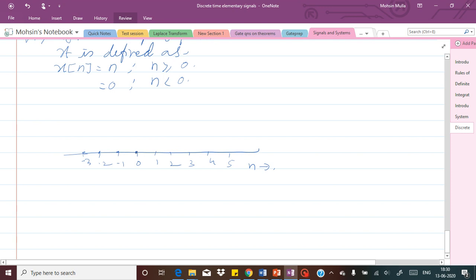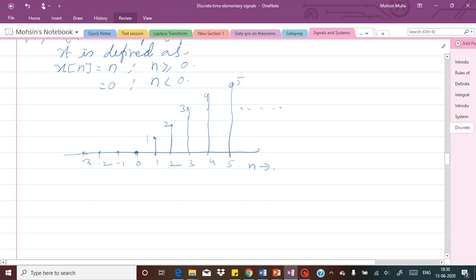That means at n equal to 0 the magnitude is 0, at n equal to 1 the magnitude will be 1, at n equal to 2 the magnitude will be 2, at n equal to 3 the magnitude will become 3, at n equal to 4 the magnitude will become 4, at 5, 5. So this will continue.